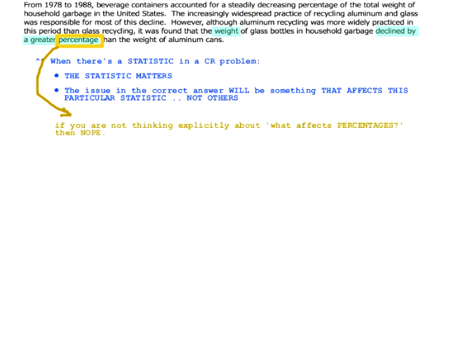So what affects percentages and what doesn't, by the way? I mean, does the weight of the bottles matter at all here? Does it matter if glass bottles are heavy? Doesn't make a darn bit of difference because percentage. I mean, the whole point of percentages, by the way, is to make that not matter. That's why percentages are things.